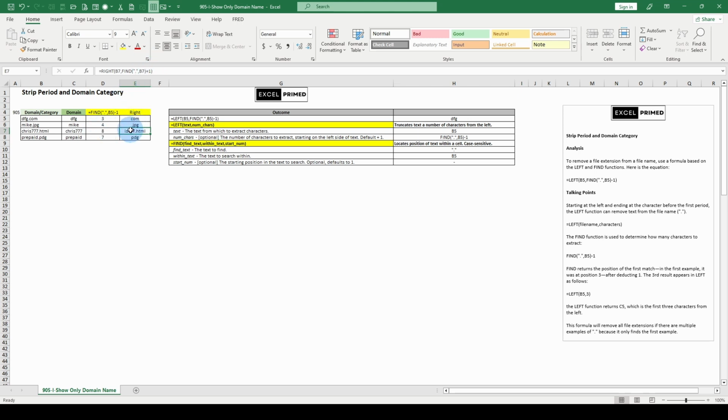So there's going to be a total of 9. Count this. 1, 2, 3, 4, 5, 6, 7, 8, 9, 10. Okay, this FIND right here, I got myself all screwed up here. It's going to be 9, and then we add 1. So it's going to be total 10.